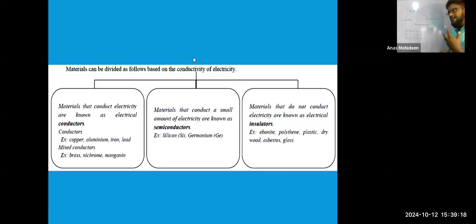Now, you know that an atom is made up of a nucleus and energy levels, shells, a small part from chemistry. An atom will be neutral because the number of protons equals the number of electrons.